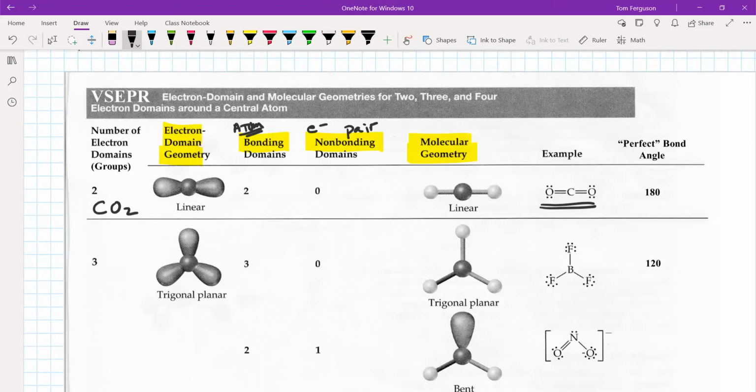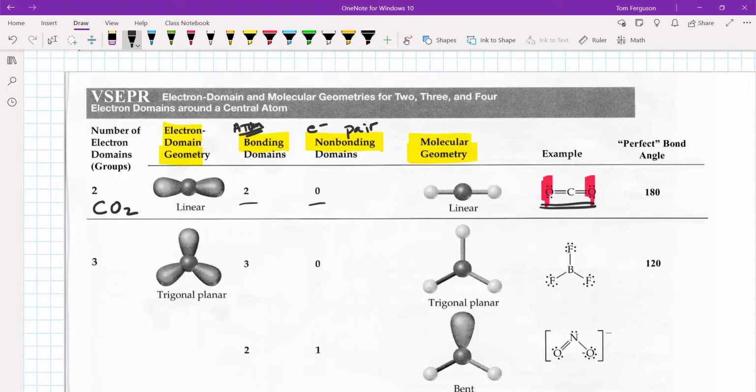Okay. All right. It has no pairs. Again, the carbon now, we have to kind of ignore that. So we're just looking at the carbon now. Carbon has two double bonds. It has no pairs of electrons that are non-bonded. Okay, so that means that is 2 and 0.